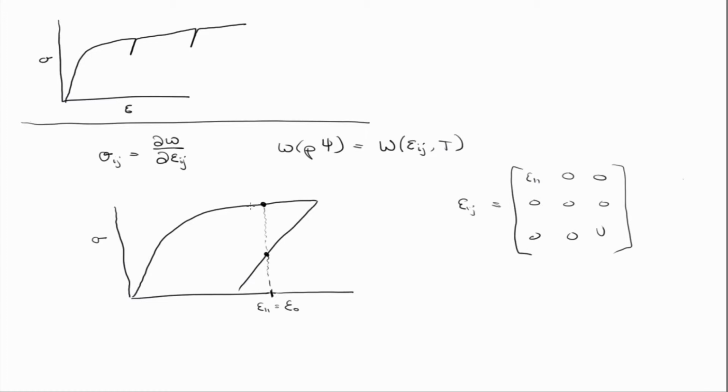So in the case of plasticity, the stress is not just a function of the strain and temperature, but some other thing that we'll call an internal state variable. This internal state variable can include information about the history of loading.